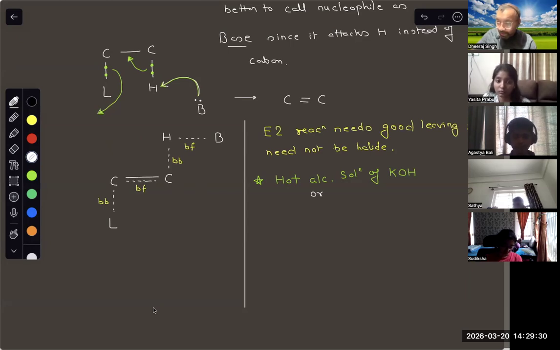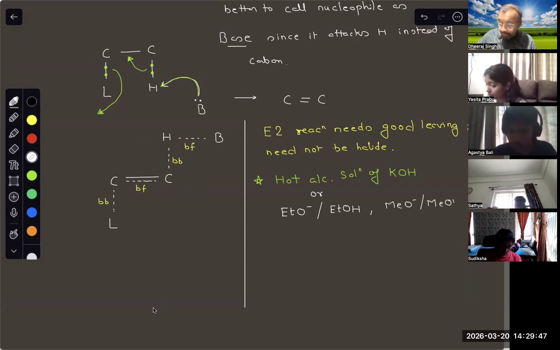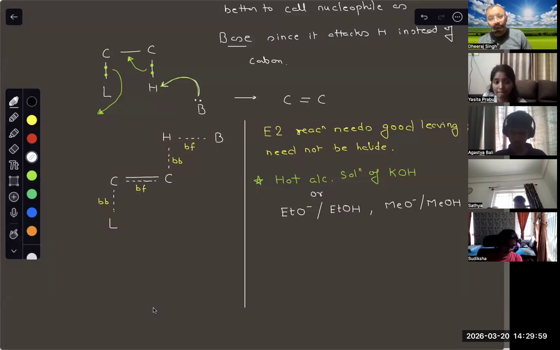Or you can have, let us say, EtO minus in EtOH, or MeO minus in MeOH. MeOH is the solvent. MeO minus is a salt dissolved in MeOH.